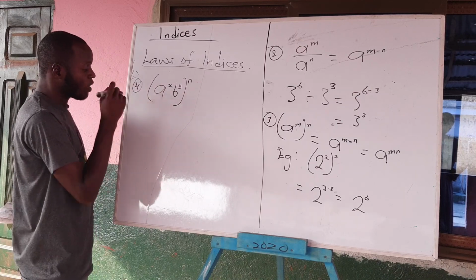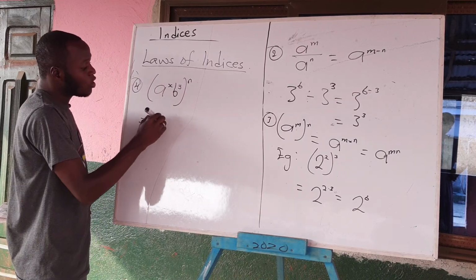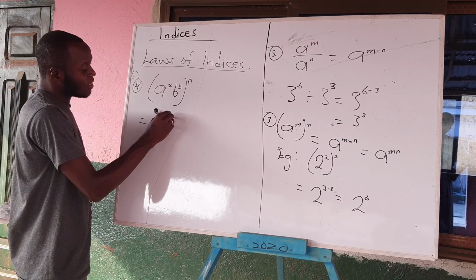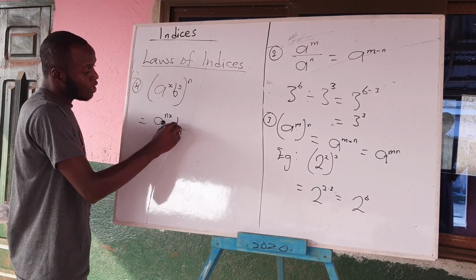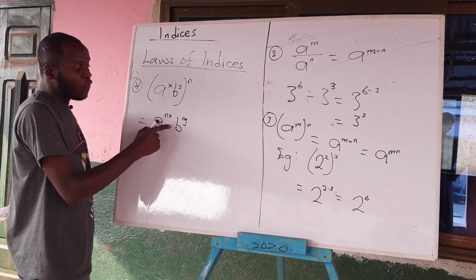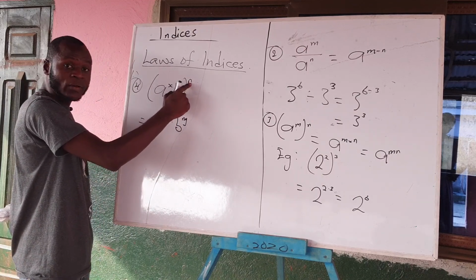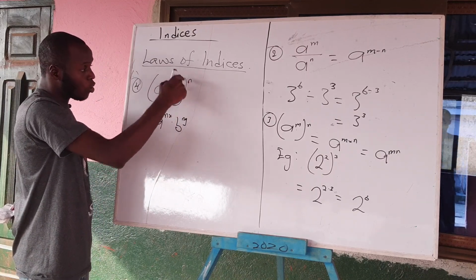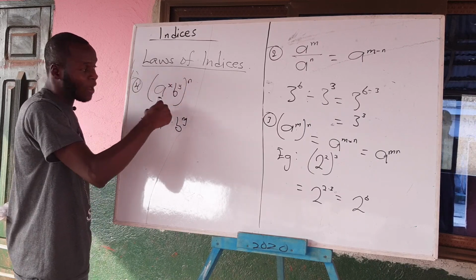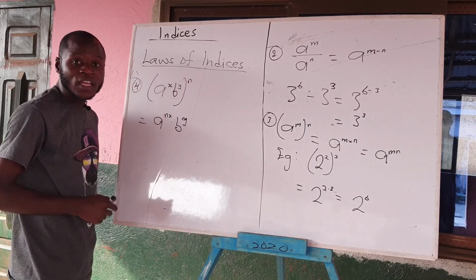So if we expand this bracket, you'll be getting a to the power nx times b to the power ny. This n, which is outside the bracket, is multiplying each of the powers in the bracket.